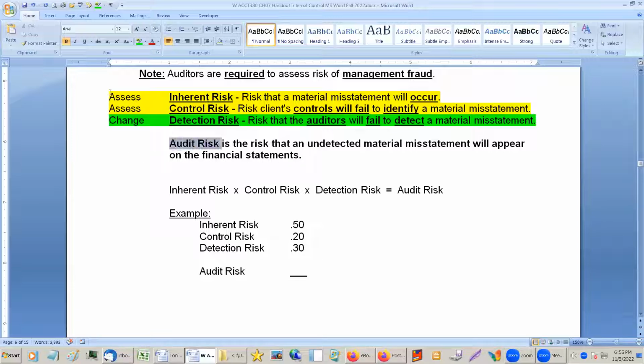Audit risk is a risk that an undetected, if we detect the material misstatement, that's fine. But an undetected material misstatement will appear on the financial statements. It's kind of like the combination of all these three. If a material misstatement occurs and internal controls fail and we fail, what's the outcome? That's the audit risk.